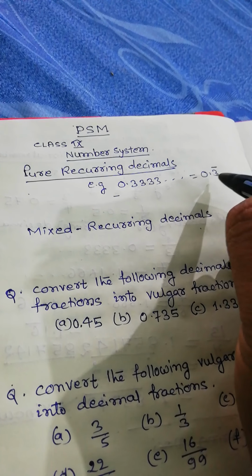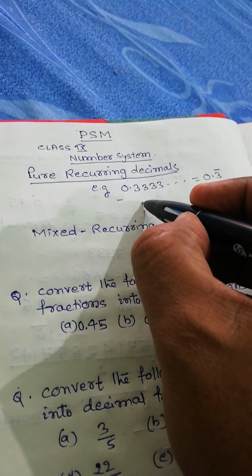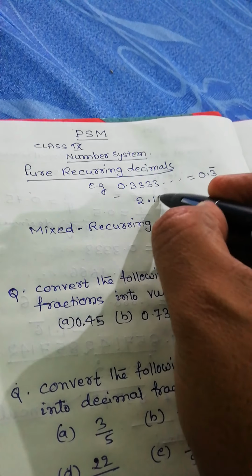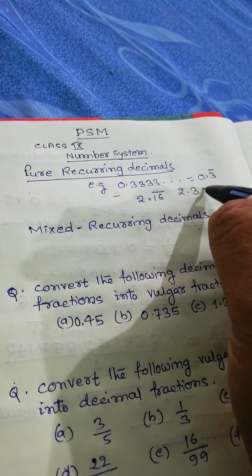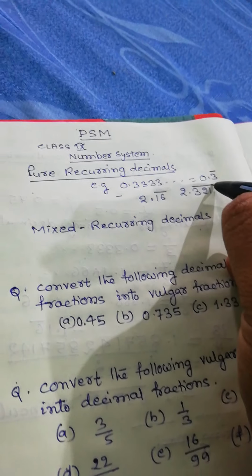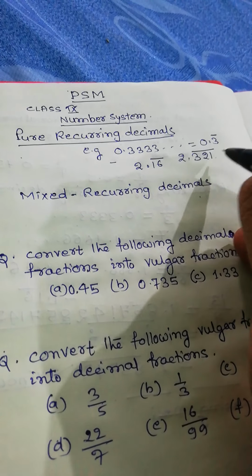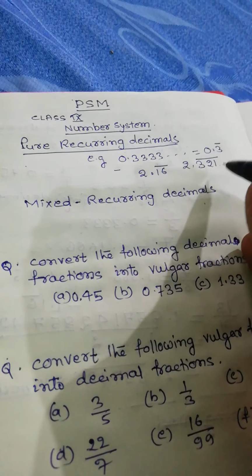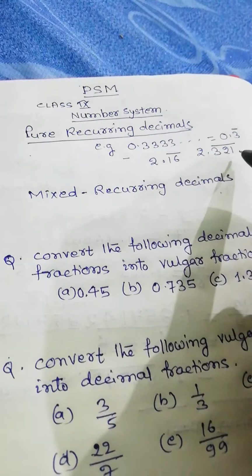So this can be expressed as a pure recurring decimal. Another example is 2.321 dash. After the decimal, here 321, 321, these three numbers are repeating. So this is a pure recurring decimal.